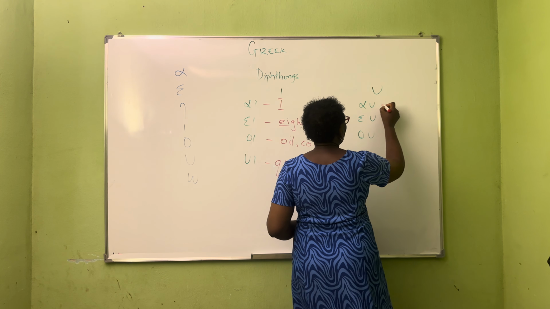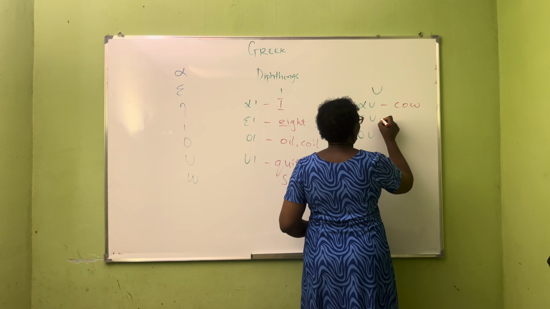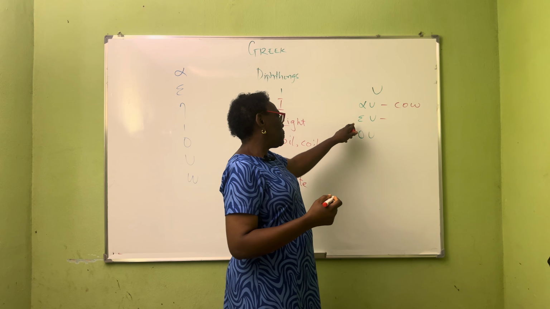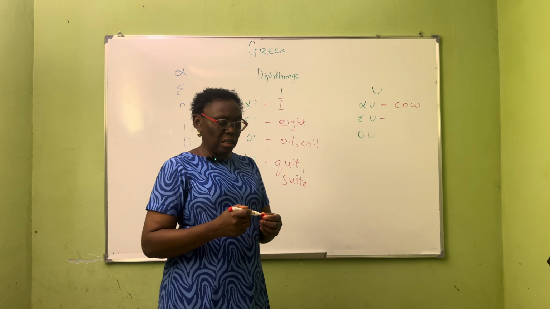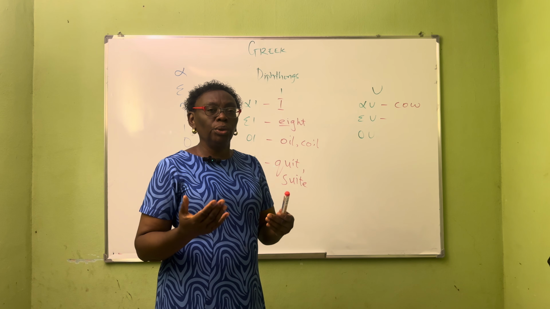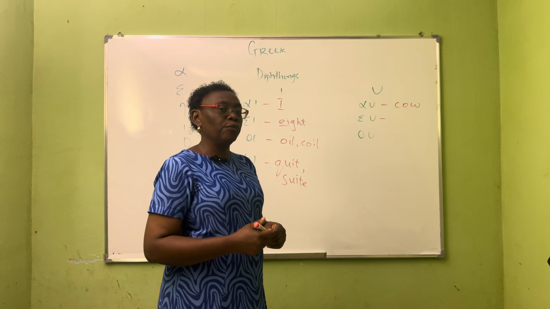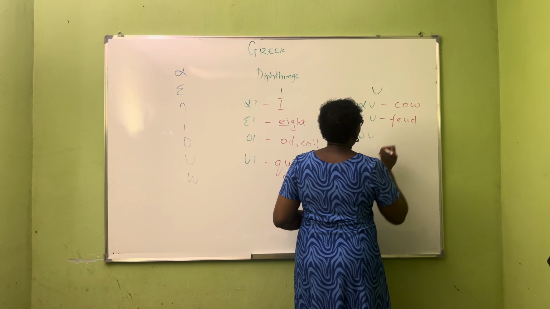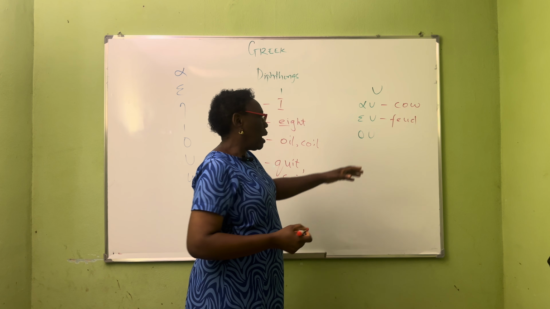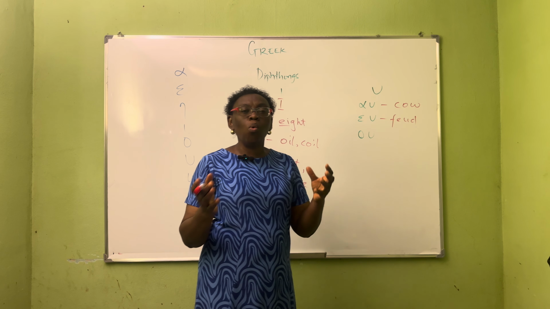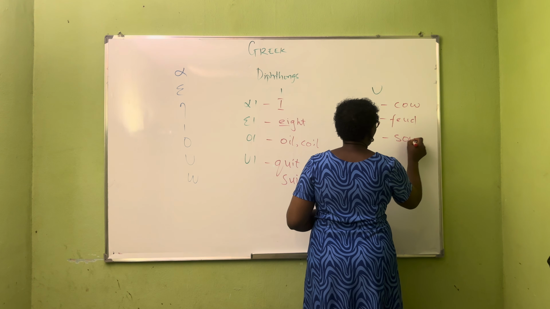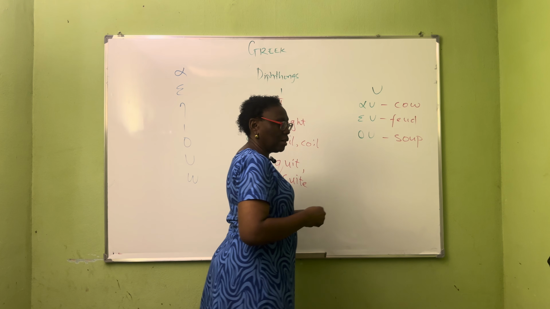So we can say as in, let's say, cow, owl. Then we have epsilon and upsilon, meaning the sound will be ew, as in field in English, field. Then we have omicron and upsilon, as in oo, it gives us oo sound. So we can say, like say, soup is an oo sound.